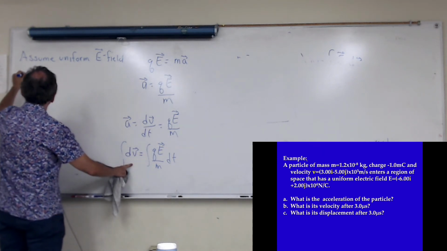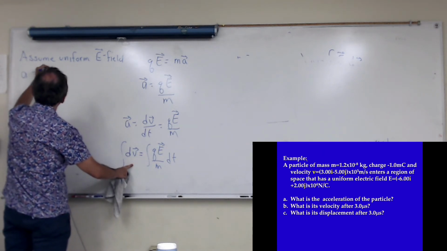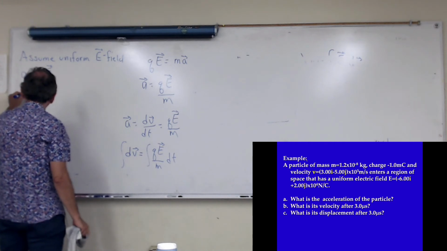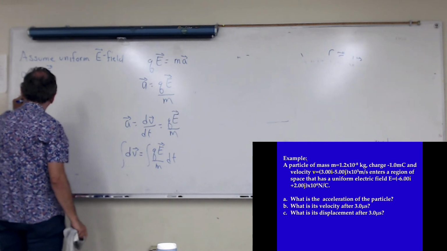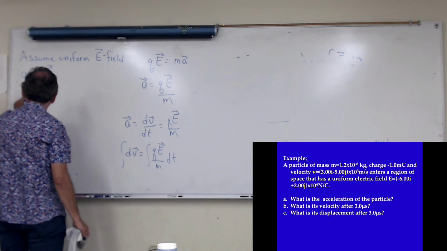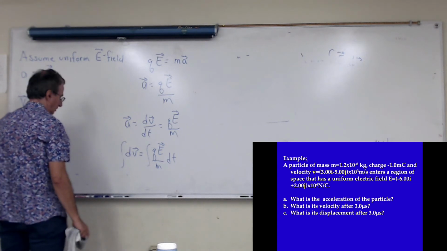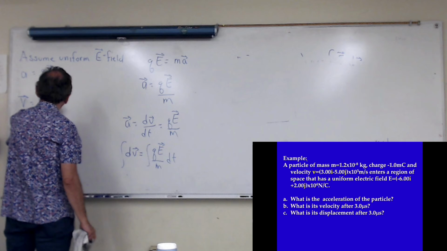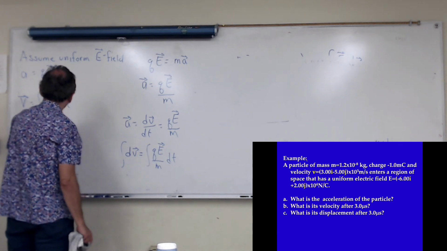So a is qE over m, and v is the integral of qE over m dt.